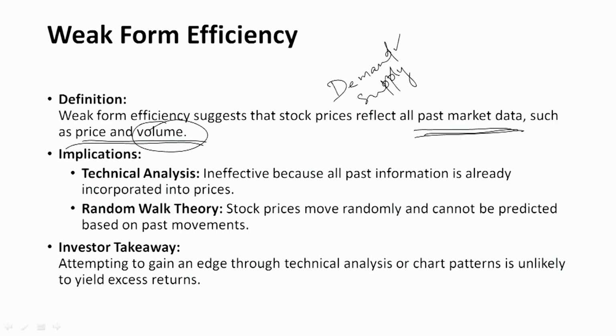So suppose a company has issued 10,000 shares in the market, and out of these 10,000 shareholders, only 2,000 shareholders are actively participating in the market. Then the demand would be dependent on these 2,000 shareholders. If there is an increase in demand from 2,000 to 2,500, then what will happen?